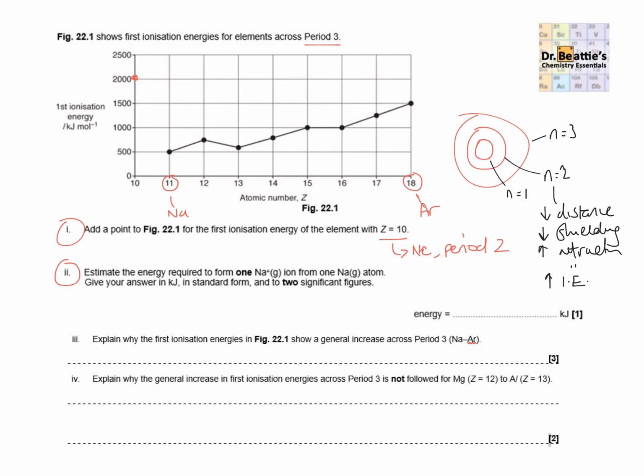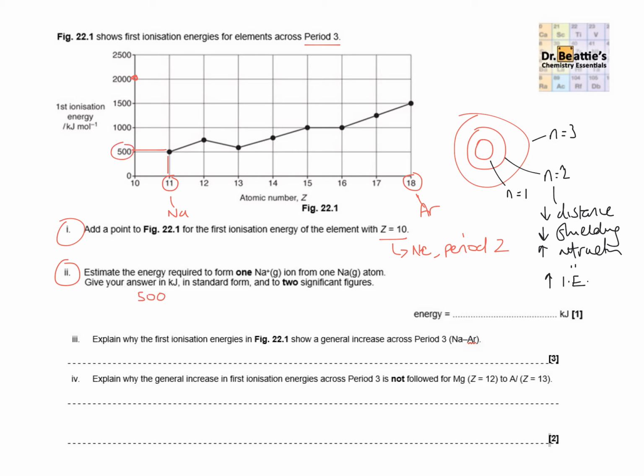So what we're going to do is take this 500 kilojoules per mole and divide it in order to get it for per atom. Now, the thing that links a mole to an atom together is Avogadro's constant. So we're going to take this number, divide by Avogadro's constant, 6.02 times 10 to the 23, and then that will give us the energy per atom.